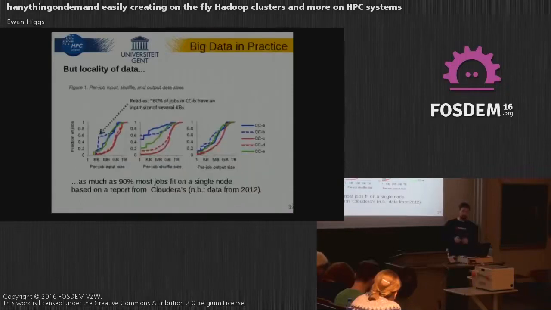However, in practice, in 2012, for instance, Cloudera came out with a report on job sizes that they see. Sure, there are a lot of jobs that are extremely large and would not be a good use case for our system, but we probably get 80% of the jobs, well, maybe 90% of the jobs if we include Fat Node. It's not really fair because Fat Node is a very modern machine and this is 2012, and technology moves that quickly, but these days a fat node could fit most jobs in a single node anyway.